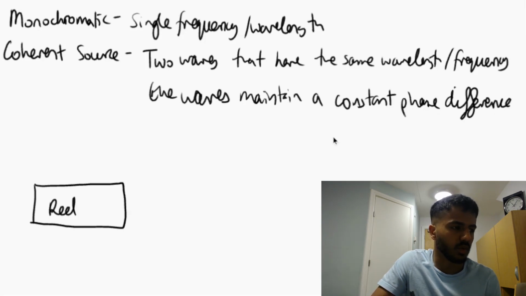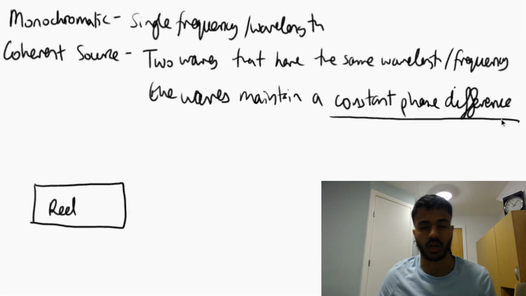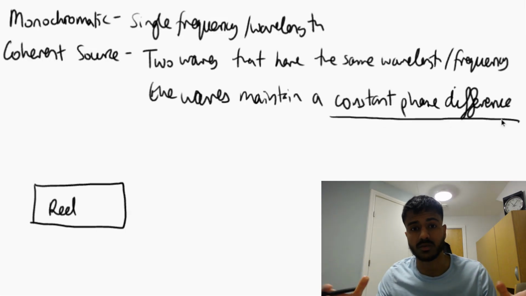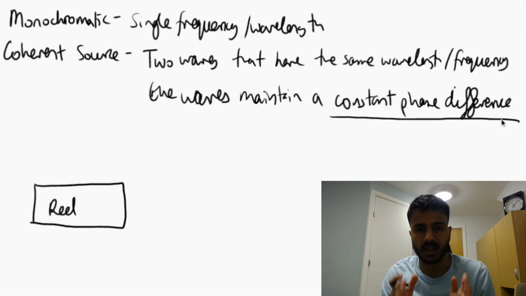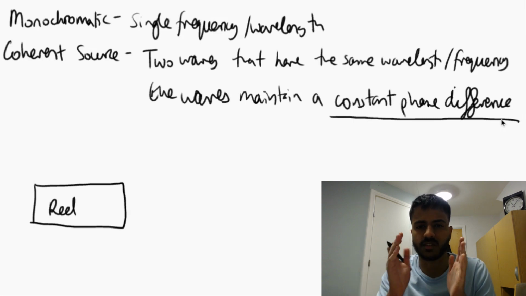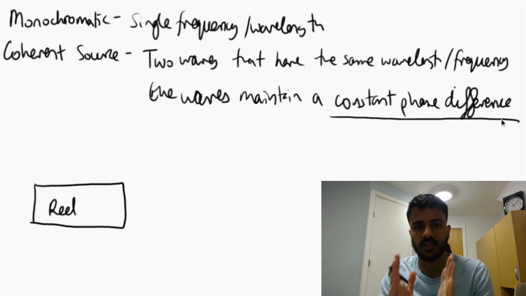This is what the examiner will be looking for in particular when talking about coherent sources. This means that two waves emitted by the source will have the same phase difference. That means they can have a phase difference of pi, 2 pi, 27 degrees. It doesn't matter as long as it's the same phase difference throughout.